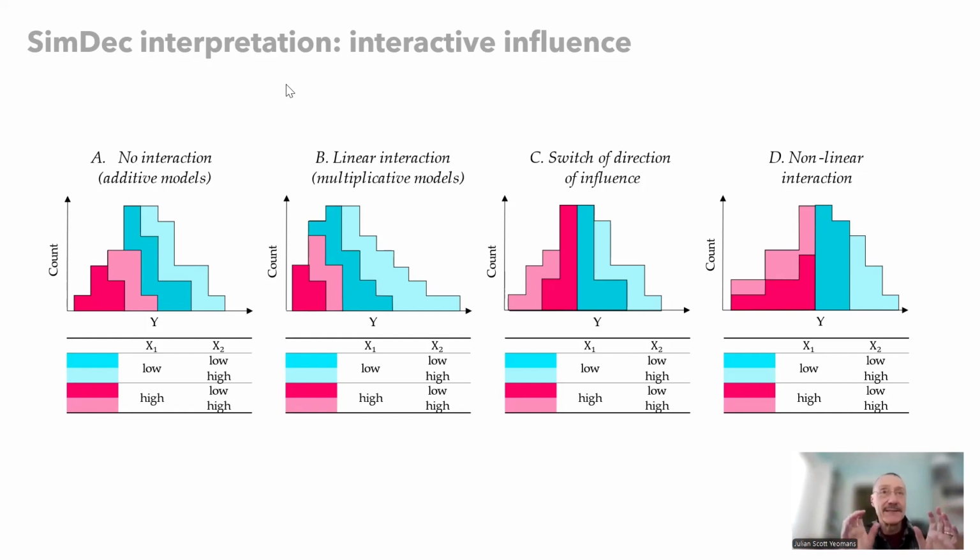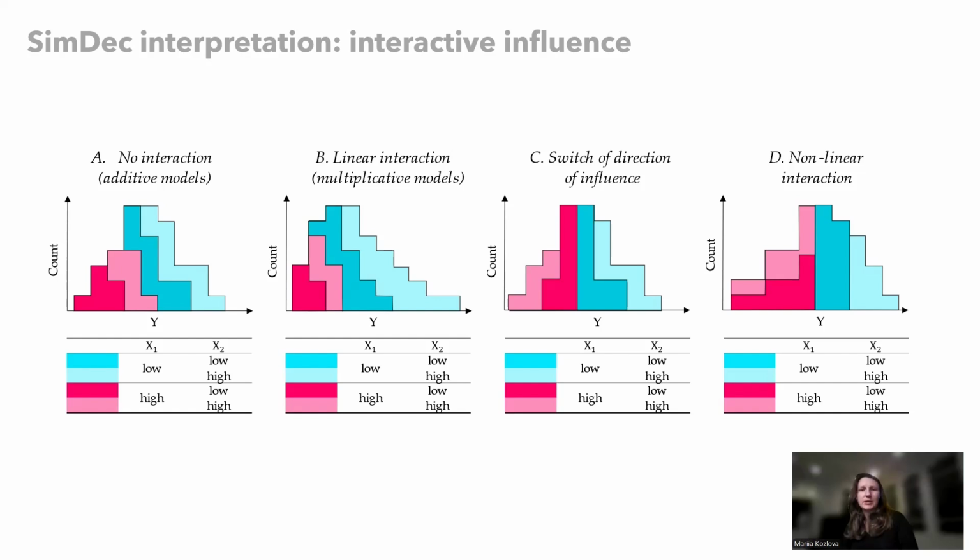This is not an effect that you can determine without the visualization. So it's a very nice component of SimDec: the actual visualization of the uncertainties as they propagate through the data, which is generally hidden from other forms of analysis.